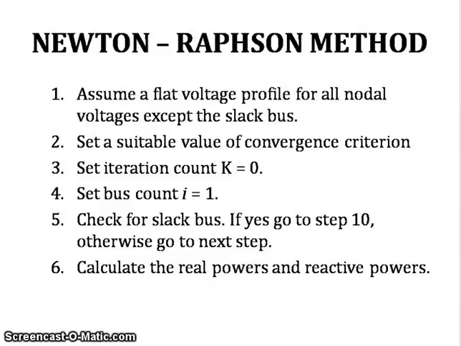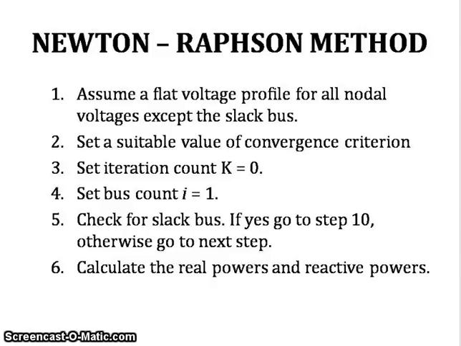Using the Gauss method and Gauss-Seidel method, convergence takes many iterations, whereas the Newton-Raphson method will converge in very few iterations and give the load flow solution. Newton-Raphson is a powerful method of solving nonlinear algebraic equations.